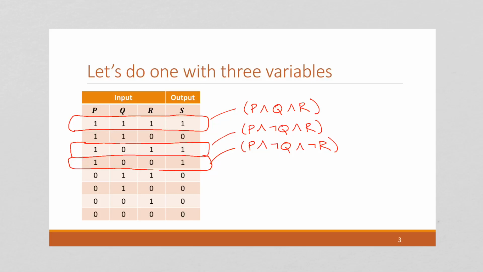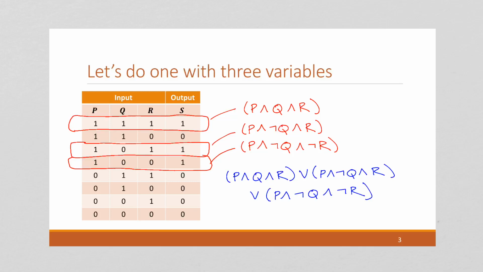So putting these all together in disjunctive normal form, we have P and Q and R, or P and not Q and R, or P and not Q and not R. And this is our Boolean expression, again in disjunctive normal form, that fits this truth table.